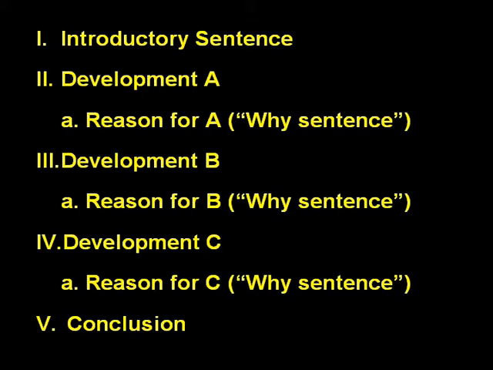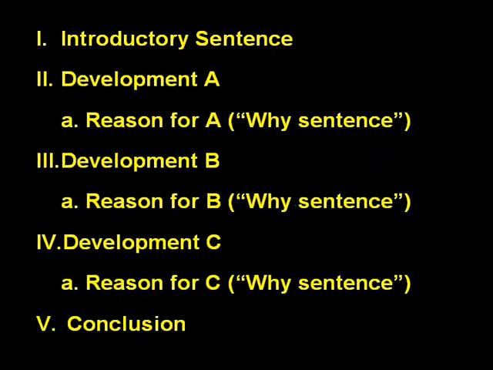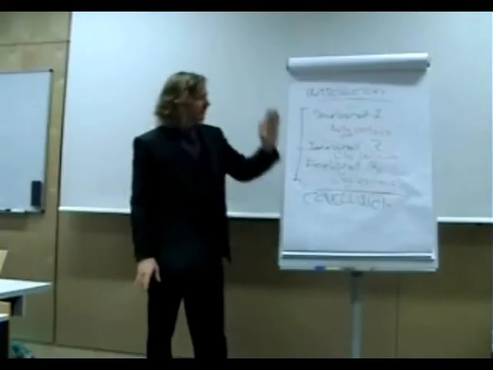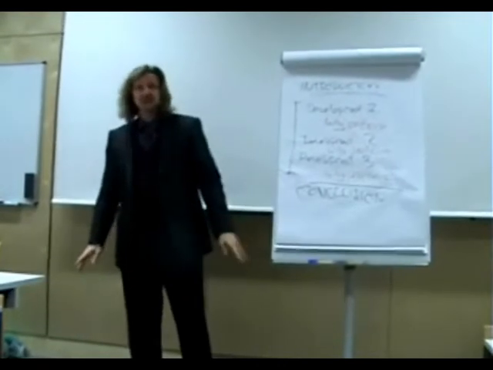Meaning that it's not enough just to tell your audience that IBM's share price rocketed up by 30% last September. You've got to tell them why it rose. This will be your overall structure. It's 1, 2, 3, 4, 5, 6, 7, 8 sentences.